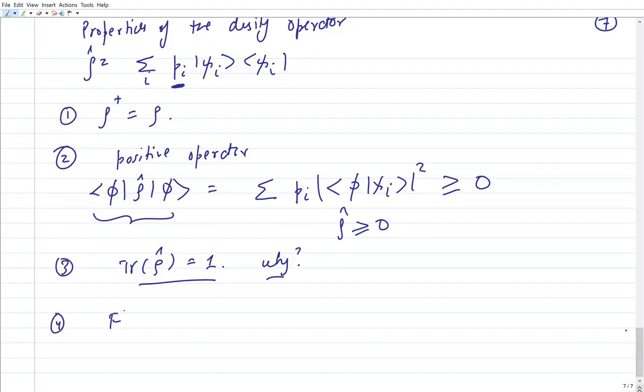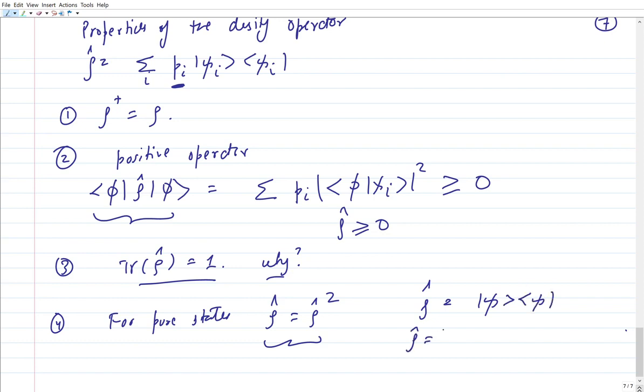For pure states, rho is equal to rho squared. Not surprising. For a single pure state, my density operator is just a projector, and rho would be equal to its square. So these are some of the properties of density operators.